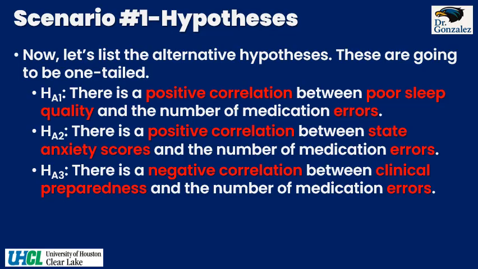So as clinical preparedness increases, the more prepared you are, what happens to the number of errors? They decrease. And that makes sense. If you're being trained on something and you have a protocol that you have to follow, the better trained you are on that protocol means the fewer errors you're going to make.